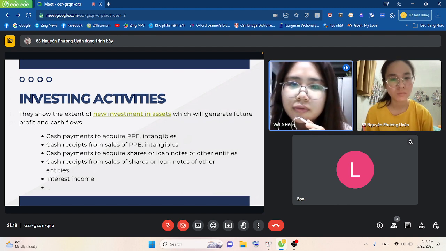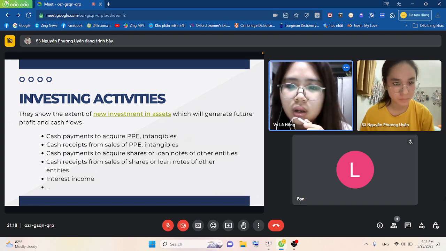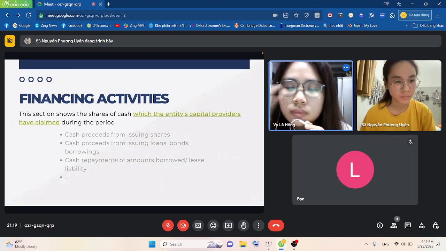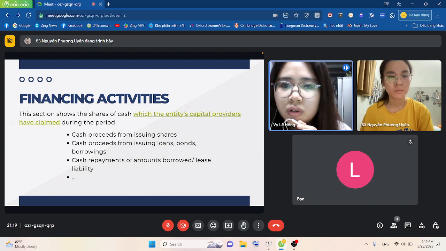And third, financing activity. This section shows the cash the entity's capital providers have claimed during this period. Example, cash proceeds from issuing shares, loans, bonds, or cash repayment of the principal on this liability.